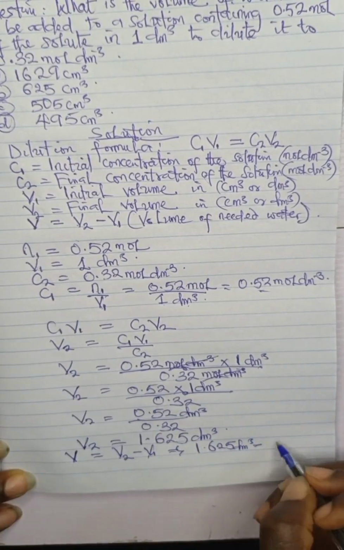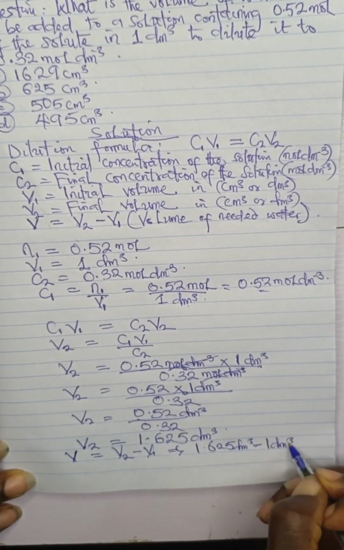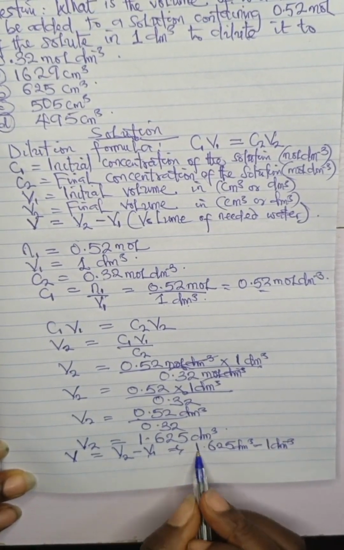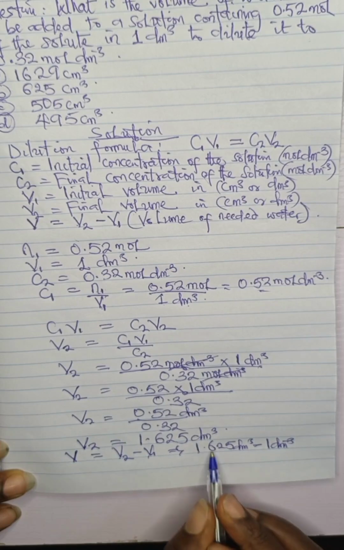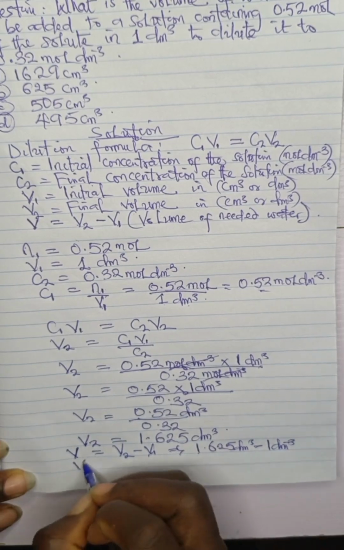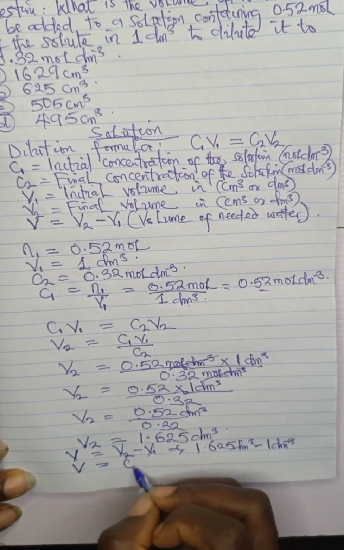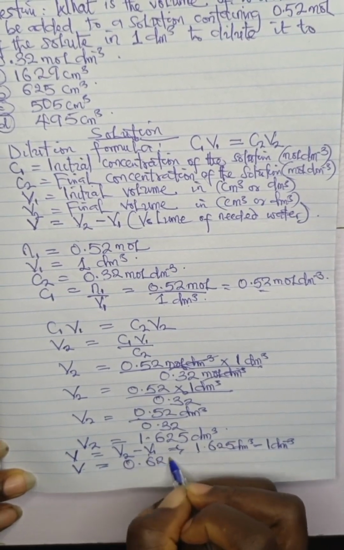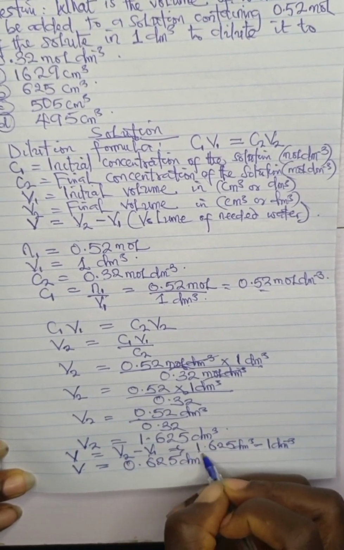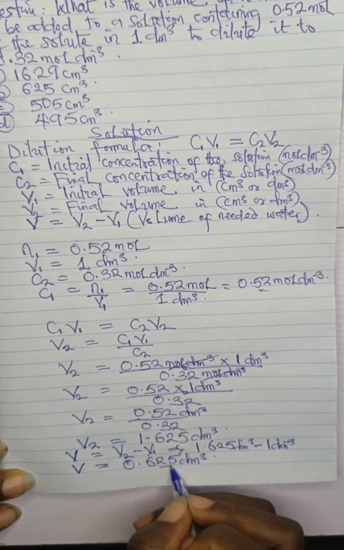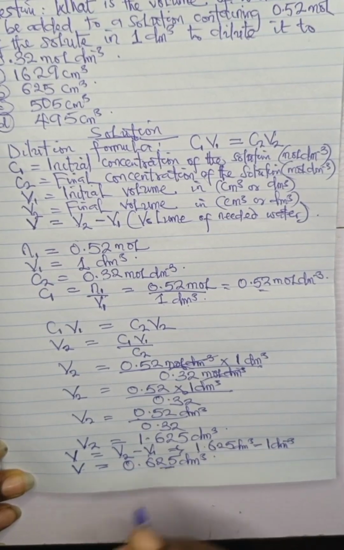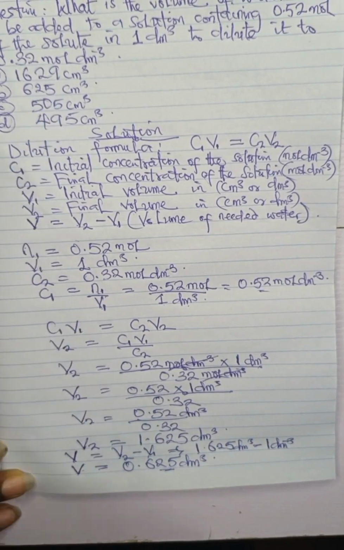V1 here is 1 dm cube. So if you minus 1 dm cube from 1.625, we are going to have 0.625 dm cube. Now we've got the answer, but from the options we have it in cm cube.